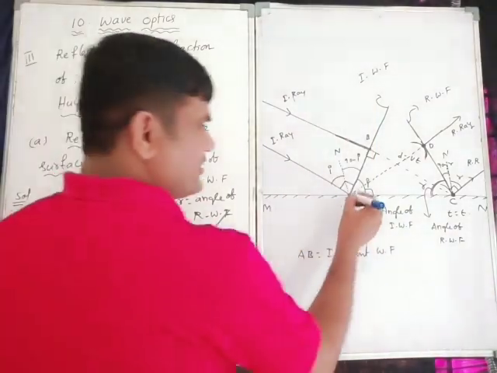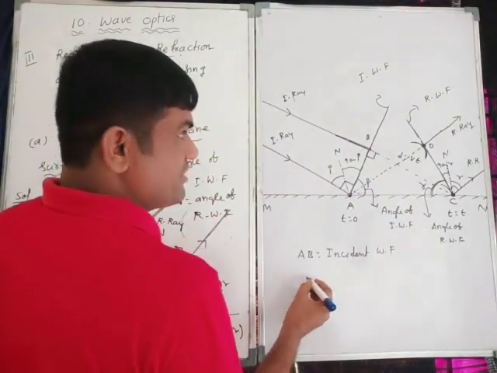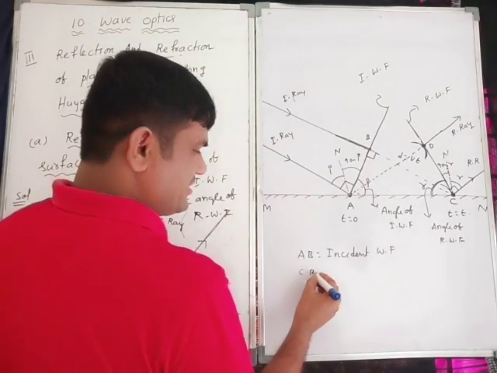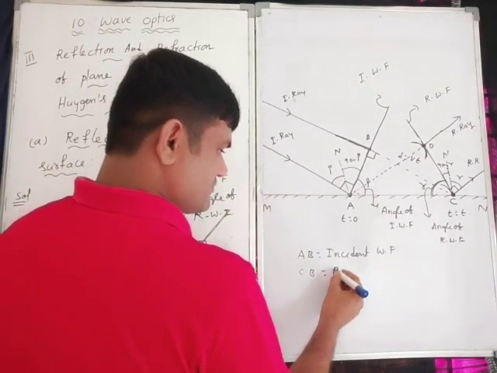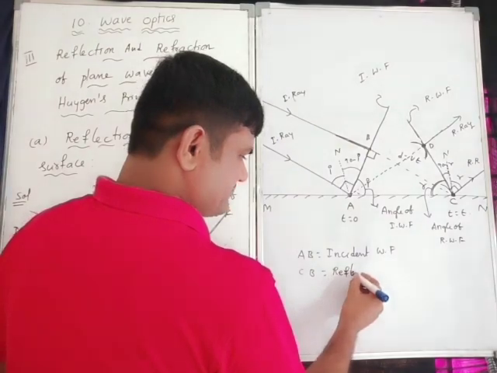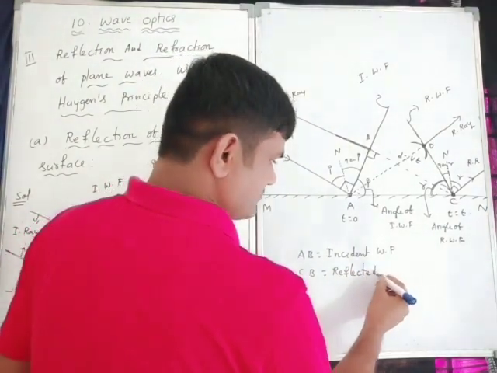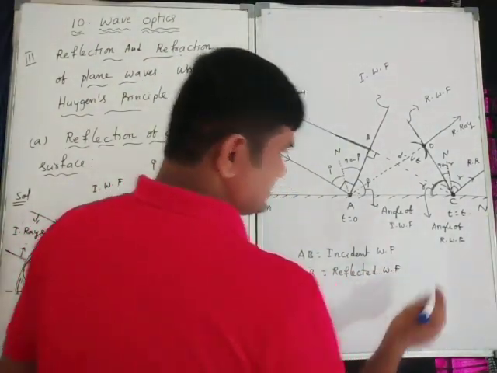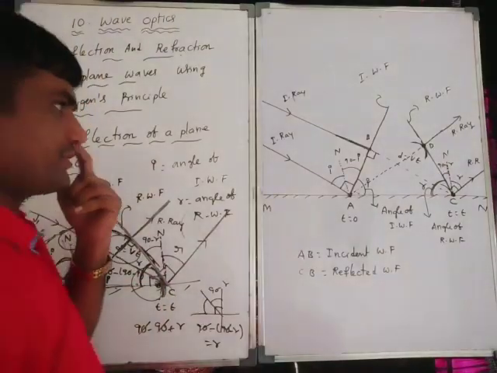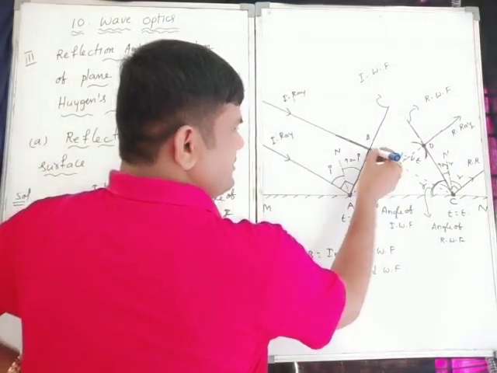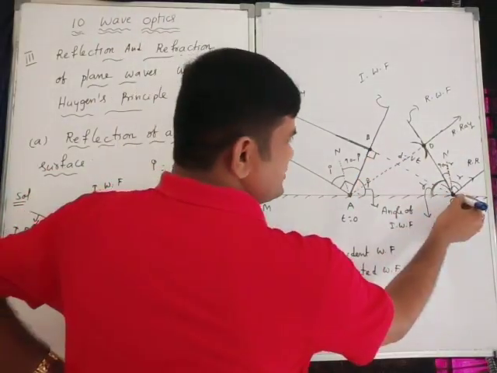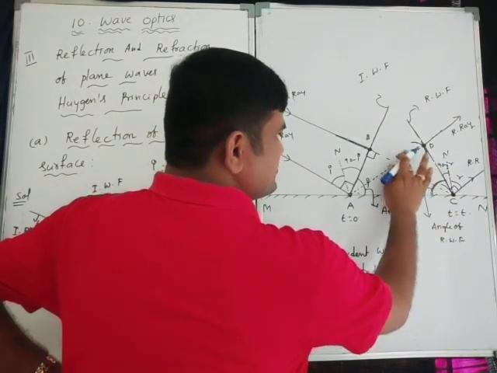So now, if I observe and also remember, CB is the reflected wavefront. The distance from B to C is equal to how much?